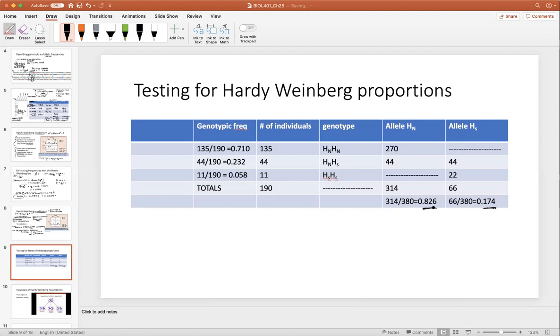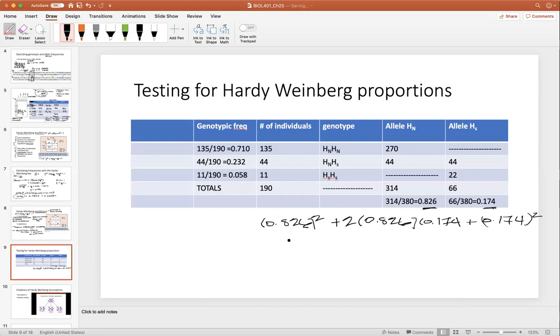So p squared, if we take this, okay, and we say 0.826 squared plus 2 times 0.826 times 0.174 plus 0.174 squared.